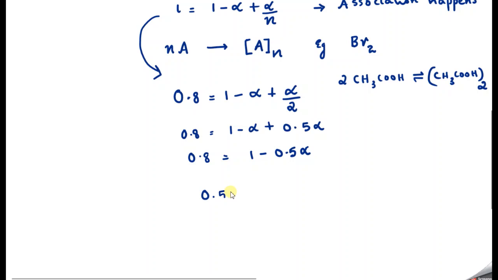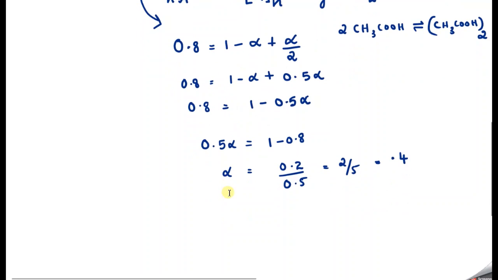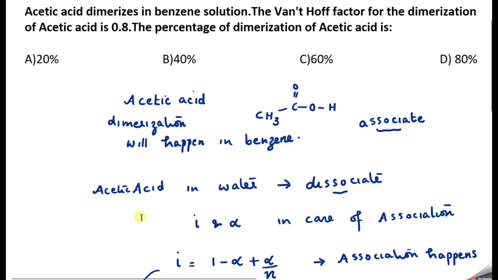So 0.5 alpha is equal to 1 minus 0.8, that is alpha is equal to 0.2 divided by 0.5, that is 2 by 5, which is nothing but 0.4. But they are asking you the percentage, so multiply by 100. So this will become 0.4 into 100, that is 40 percent is the dimerization. So you got the answer 40 percent. Now let's see in the options whether it is given. Yeah, option B. So option B corresponds to the answer.